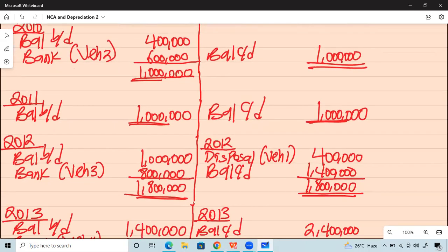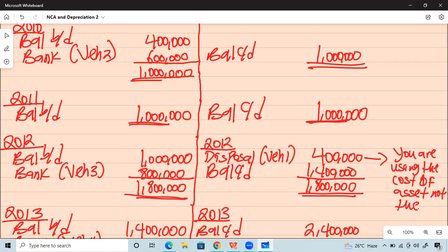Please don't forget this. Where is the disposal? You are using the cost of the asset, not the proceeds you receive.